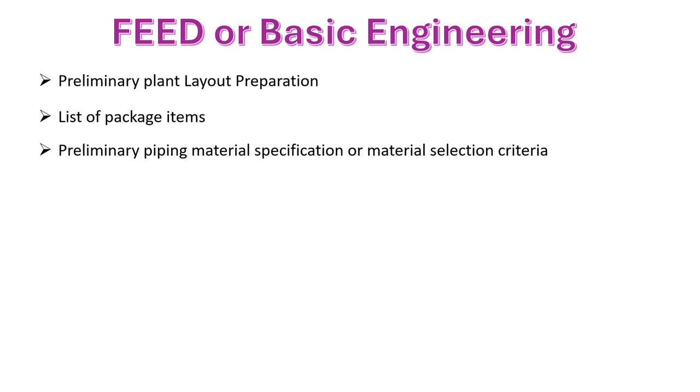The next topic is the preliminary piping specification and its selection criteria. For utilities, we are selecting metallic piping, MS or CS, for air.